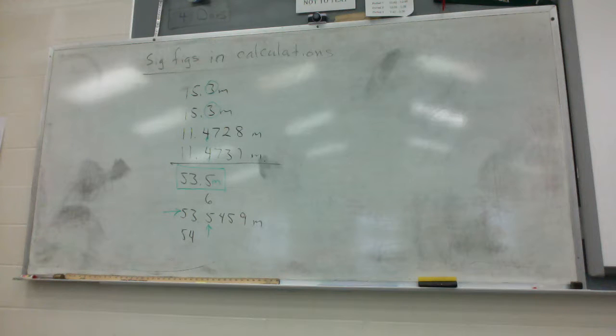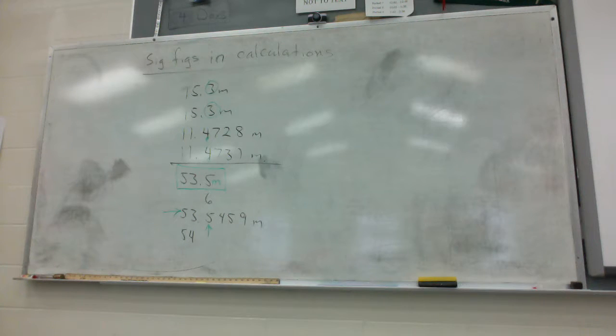So here we go. For multiplication and division, the answer is rounded to the same number of significant figures as the measurement with the fewest significant digits.